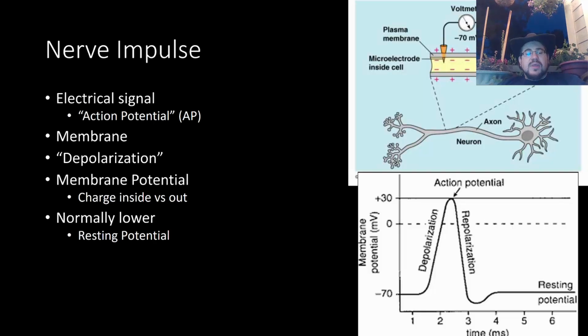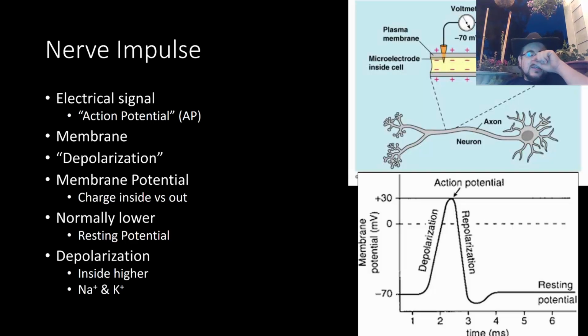So the resting potential is the normal or default charge difference, lower inside versus outside. Depolarization is when the inside charge becomes equivalent to the outside, and even becomes higher than the outside. And this is all governed by sodium and potassium.